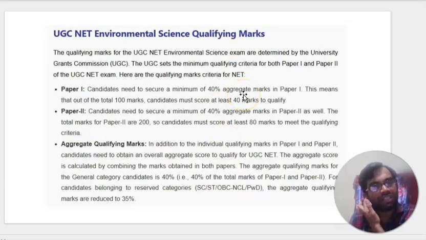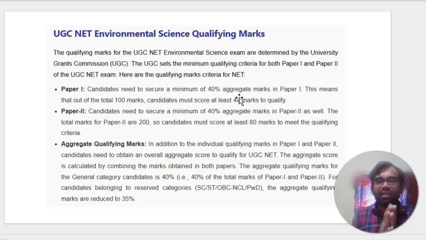Then coming to that, what are the UGC-NET Environmental Science qualifying marks? The qualifying marks of the exam are determined by the University Grants Commission, UGC, and the UGC sets the minimum qualifying criteria for both paper 1 and paper 2 of the UGC-NET exam. Here is the qualifying marks criteria for NET. In paper 1 you need to score 40% of the aggregate marks, meaning of the total 100 marks you need at least 40 marks.